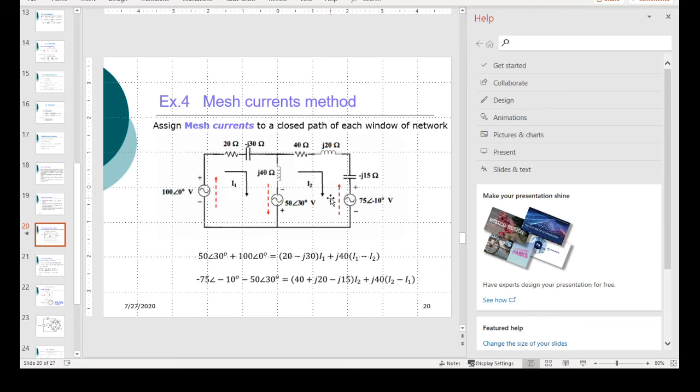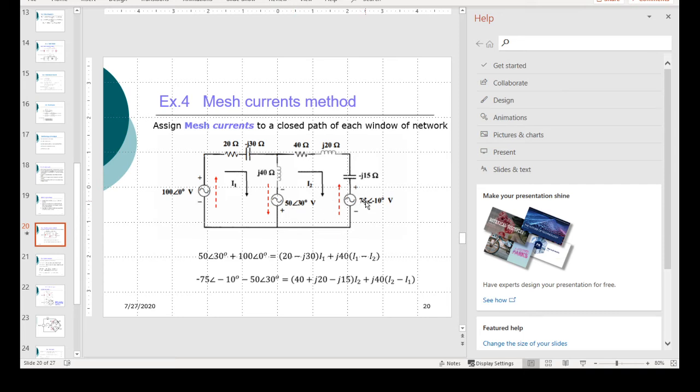For the second mesh, again, you follow the direction that I've given for the current. Now you will see that if I follow this direction here, these two voltages, as they are indicated by these polarities, are counter to the direction of I2, and therefore I negate these two voltages because I want to follow the direction I've indicated.